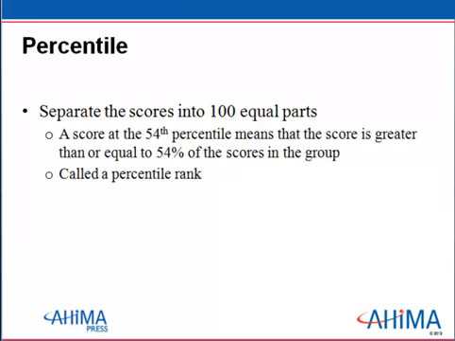As quartiles divide scores into 4 equal parts and deciles into 10, percentiles separate the scores into 100 equal parts. If a person scores at the 54th percentile, his score is greater than or equal to 54% of all scores in the group. This is called a percentile rank.